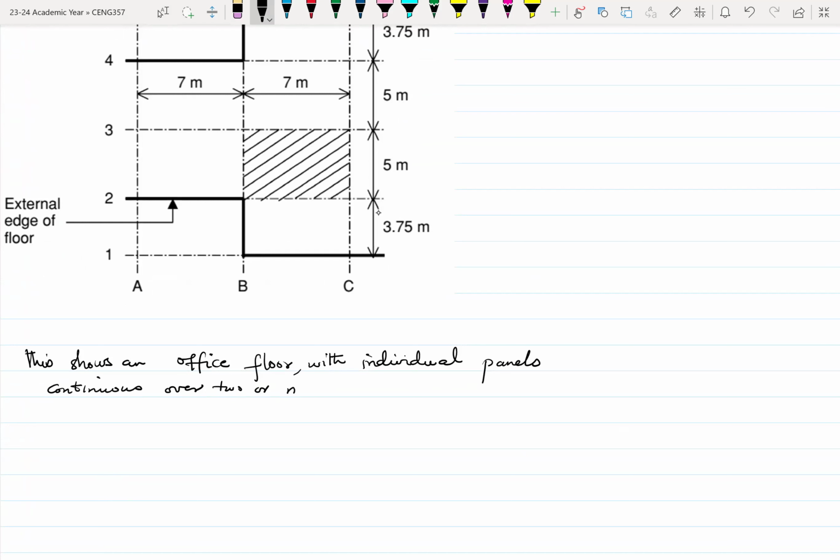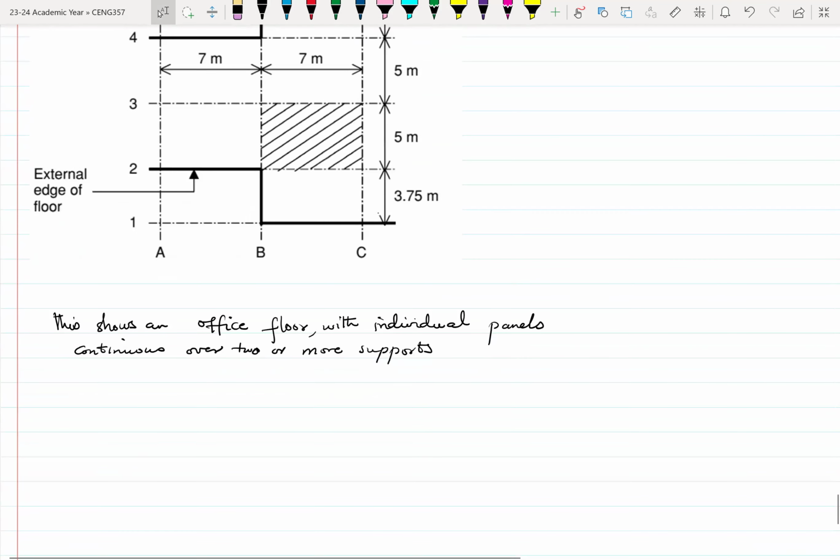Two or more supports. Okay. So the imposed load for this particular floor, let's say our live load is 4 kilonewtons per meter squared.